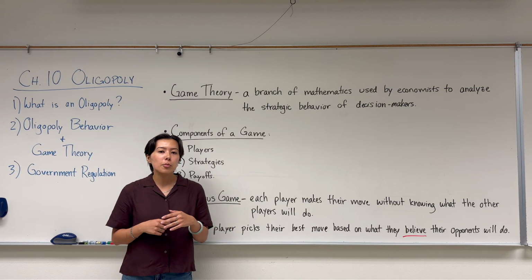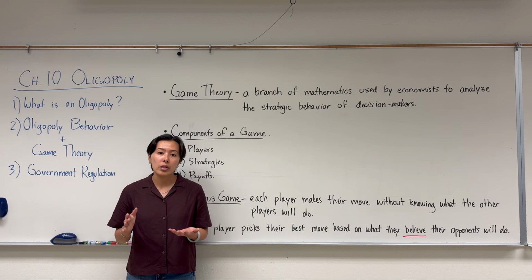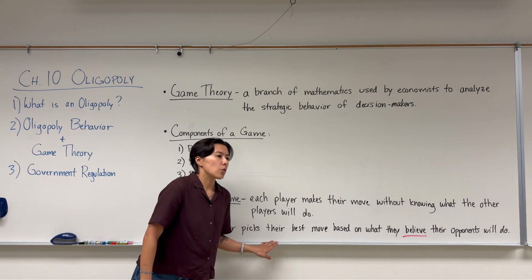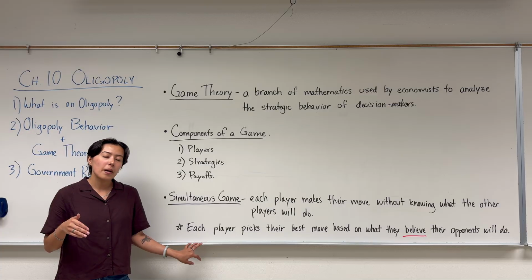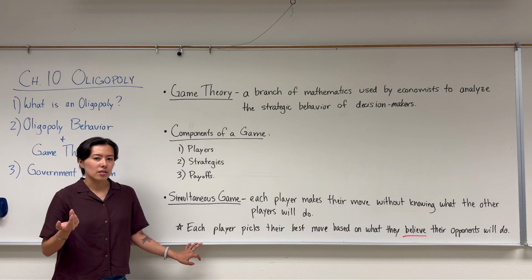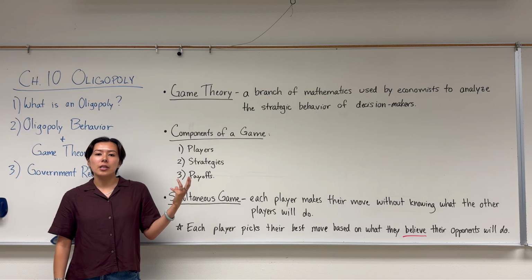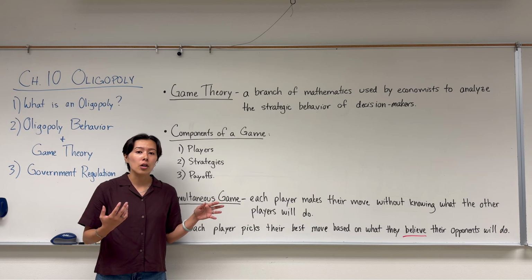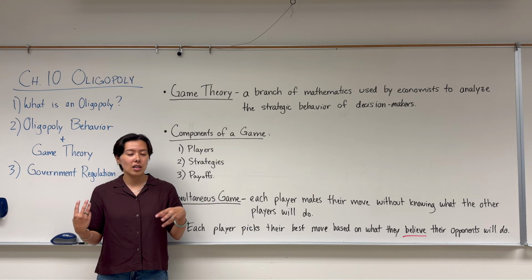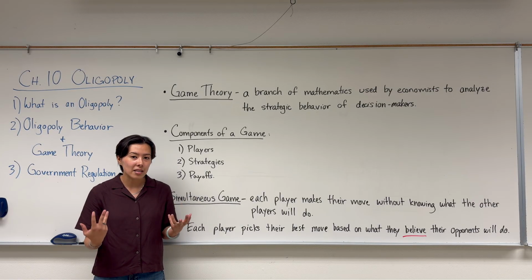So this means that each player chooses their strategy without knowing what their opponents are going to do. So each player is going to select their best move or their best strategy depending on what they believe their opponent is going to do. So each of our players are going to analyze the strategies available to them. They're going to know the possible payoffs that could occur depending on what they choose and what their opponent chooses, and they're going to pick the best move to maximize their payoff.